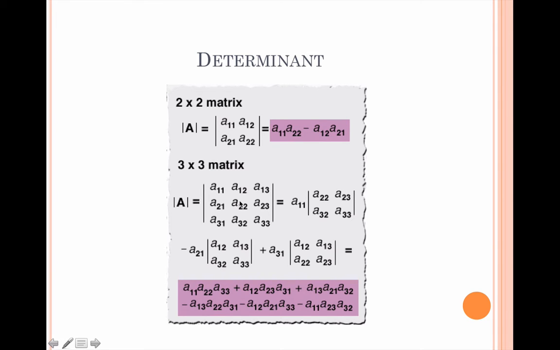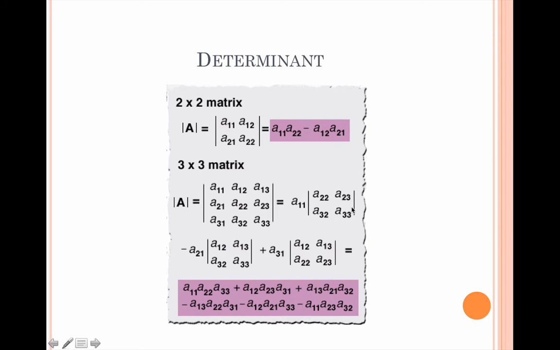So back we have A22, A33, A23, and A32. Then we take the next element in the column, A21, and we remove again the row and the column containing A21, and we have back A12, A13, A32, and A33. For the last element, A31, we again remove the column and the row, and we have back A12, A13, A22, and A23.